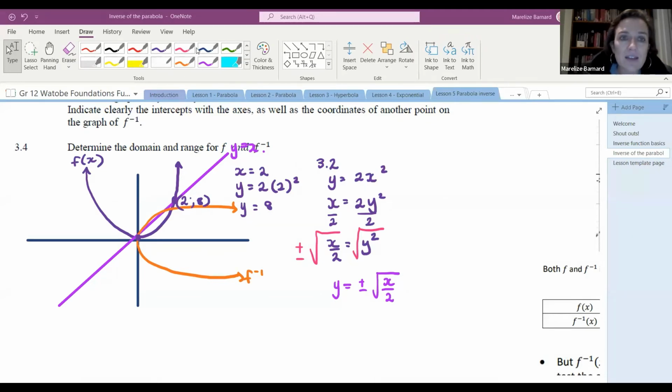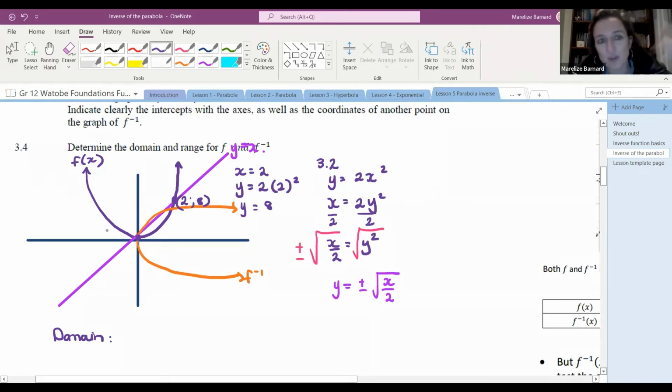Okay, guys, so let's have a look at the domain of f, which is my purple parabola here. The domain is all the x values. So let's look, what x values can I use as inputs? Remember, this is a function. So what x values can I use as inputs for my function, and I will get a y value.